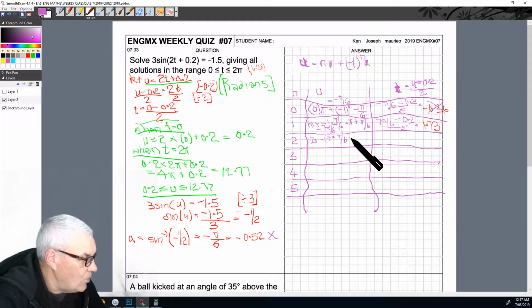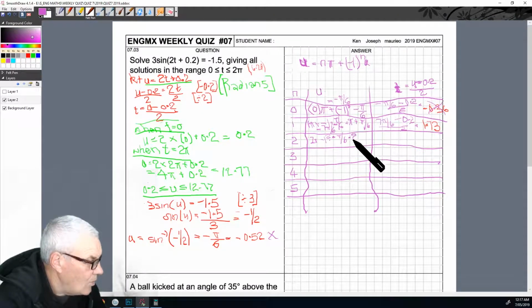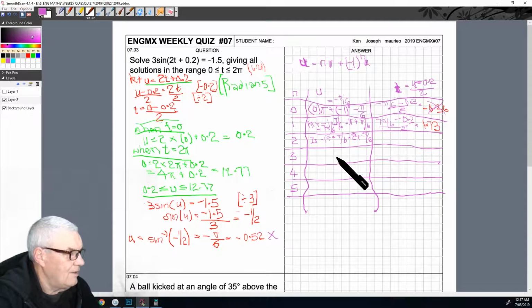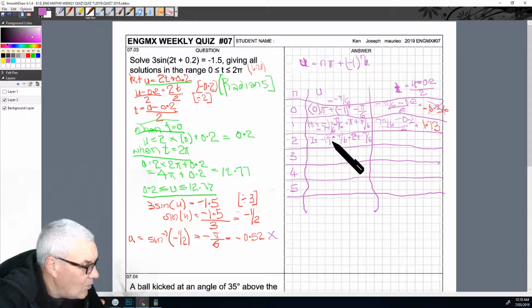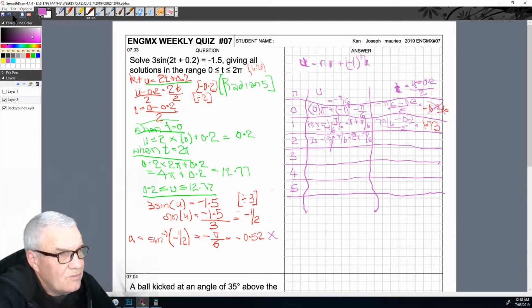So that's going to equal 2 pi minus pi by 6. And 2 pi and 6 is 12 pi, so that's going to be 11 pi by 6. No. I didn't do too well with this table.